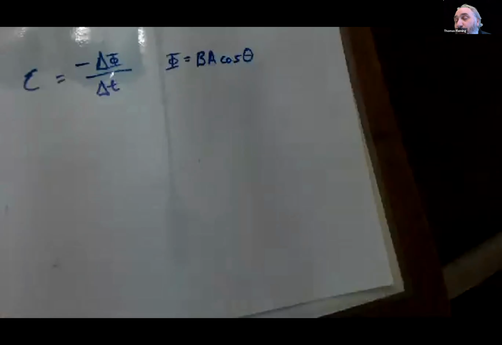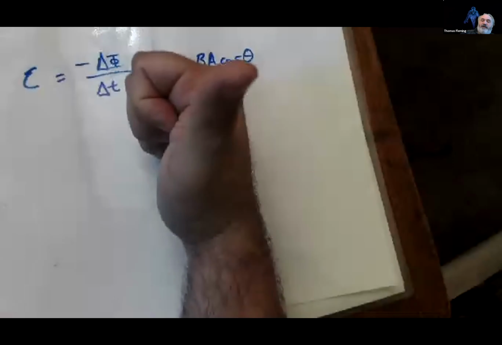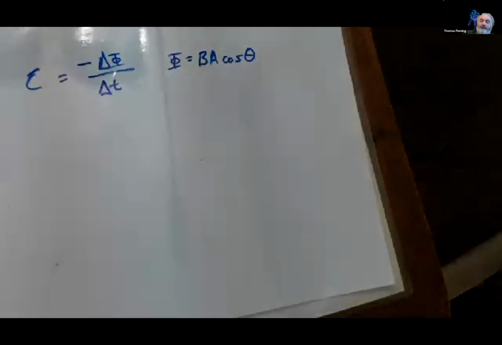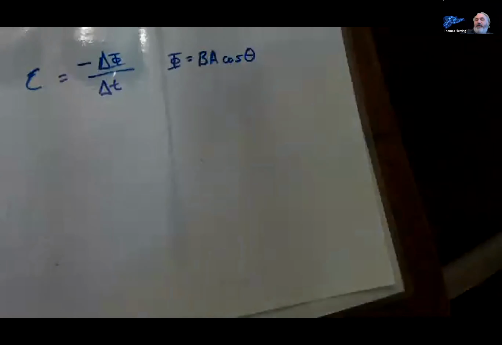How can I find the angle between B and A if I don't know the direction of A? What is the direction of the area vector? It's always perpendicular to the surface. So if this piece of paper was my surface, the area vector would be pointing out of it towards the camera. If the screen you're watching me on was the surface, the area vector would point out of the screen toward your face.